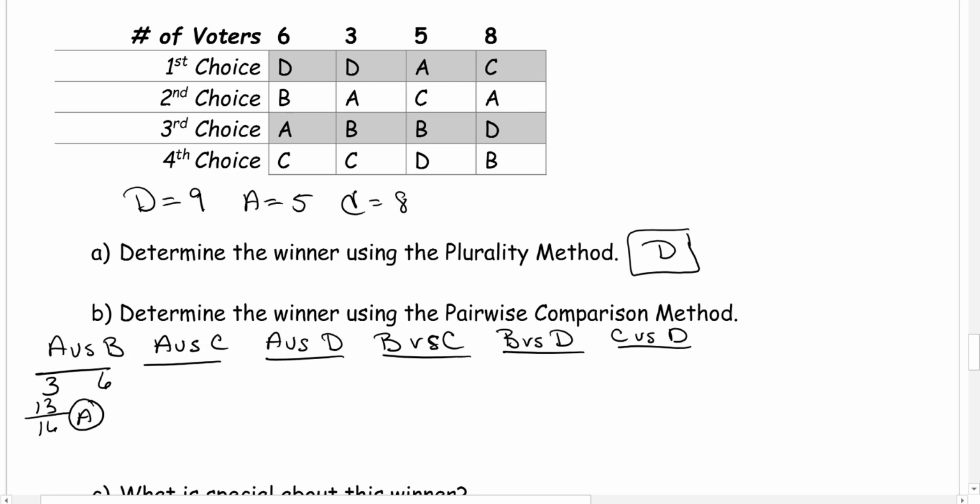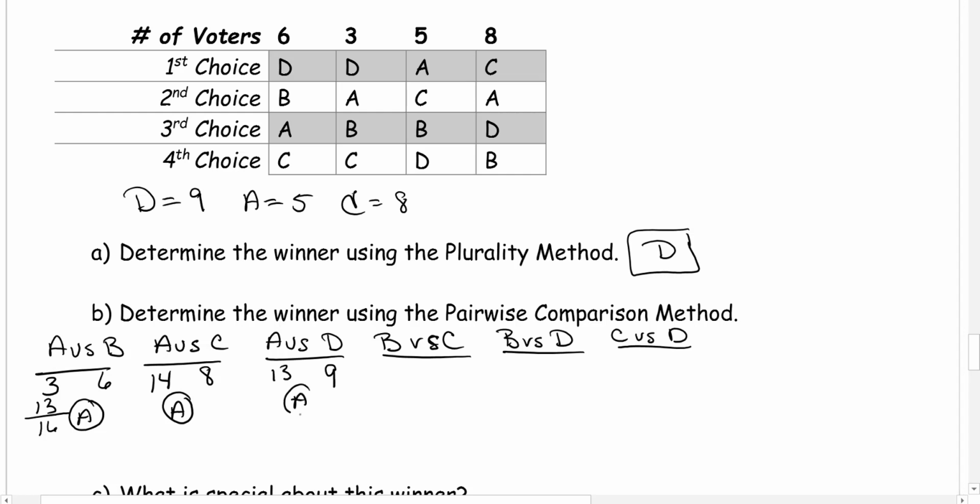A versus C. So A wins the first 9, 14, and then C wins the last 8. So A wins that one. And then A and D, D will win the first 9, and then A wins the next 13.